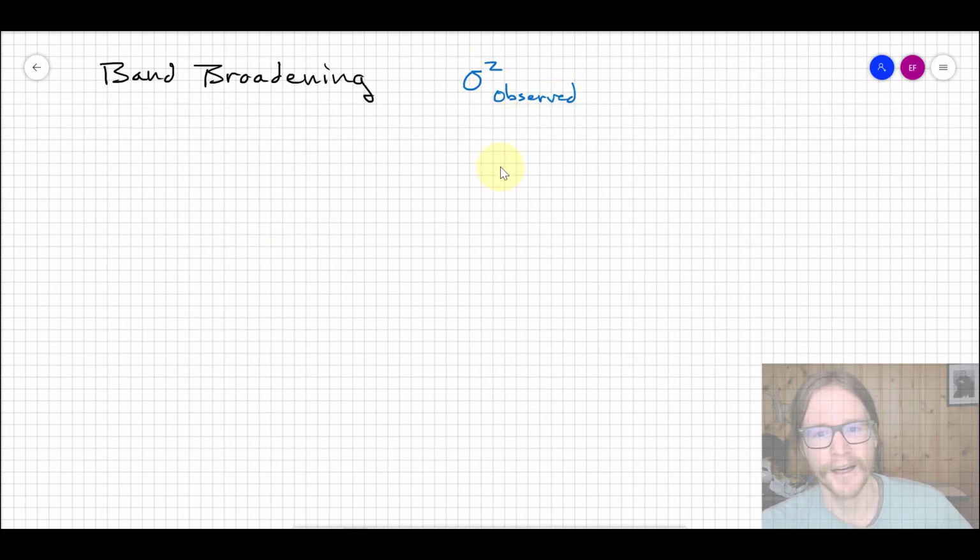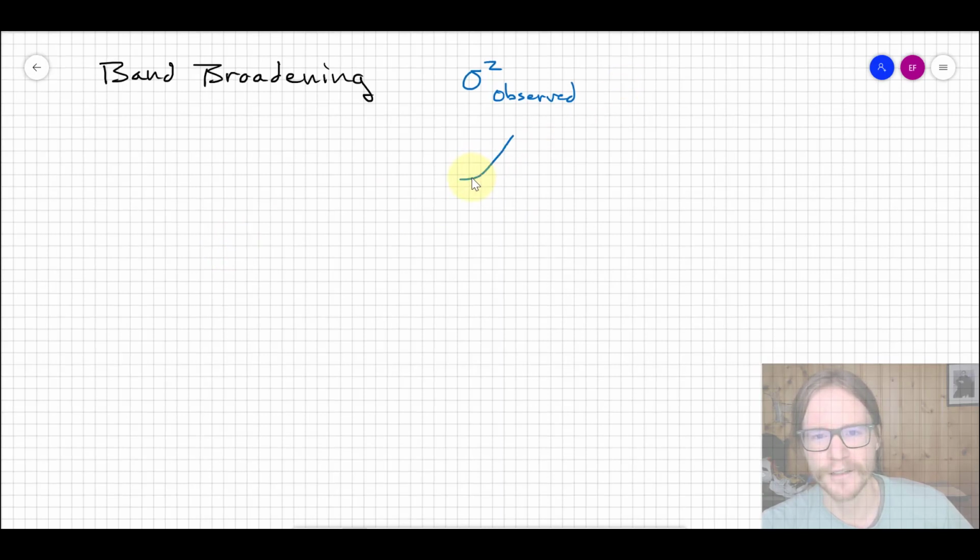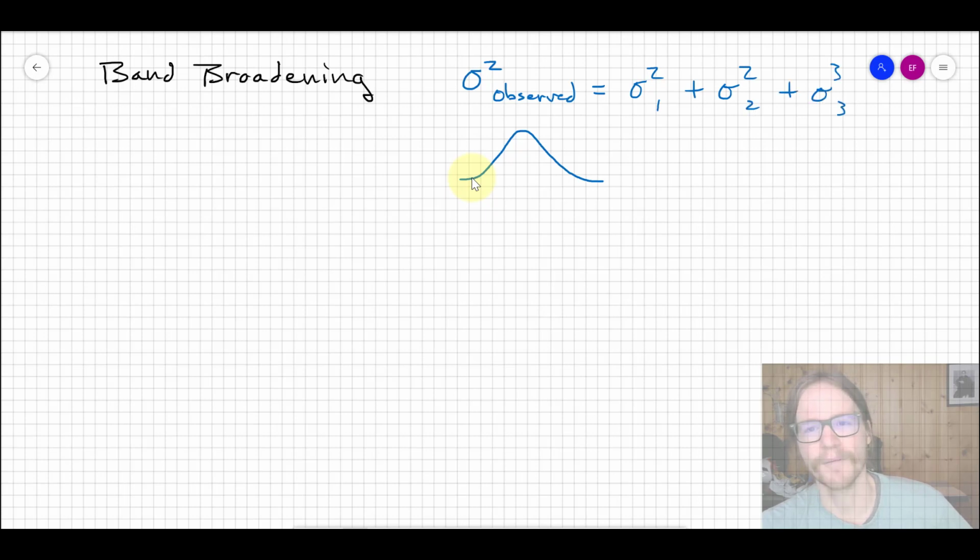If we've got a band and we measure it, literally we measure it on a chromatogram, we have whatever the actual standard deviation squared of that distribution is, of molecules in space. But that distribution is going to be a summation of several different components that we can think about.